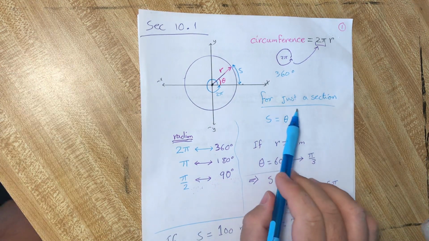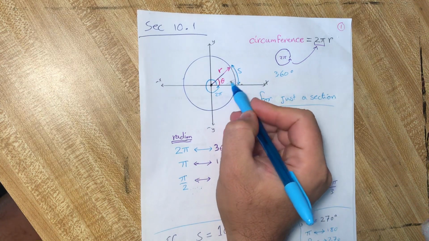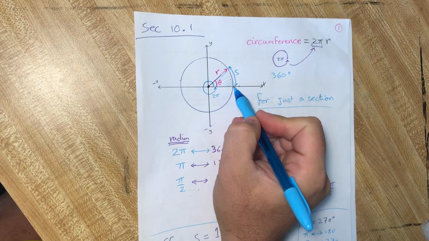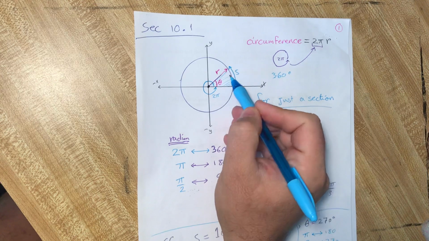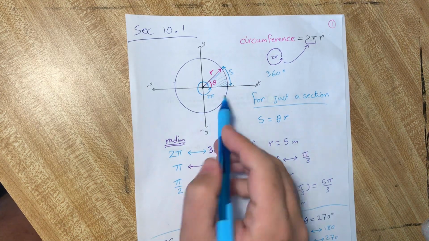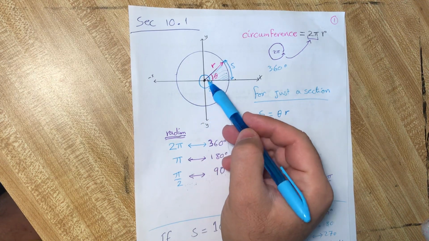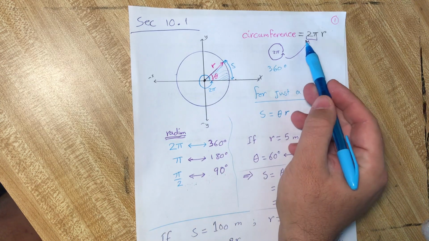If we just take a section from this circle, and we need to find this part S from the total circle. For the total circle, we multiply the radius by the total angle, which is 2 pi.